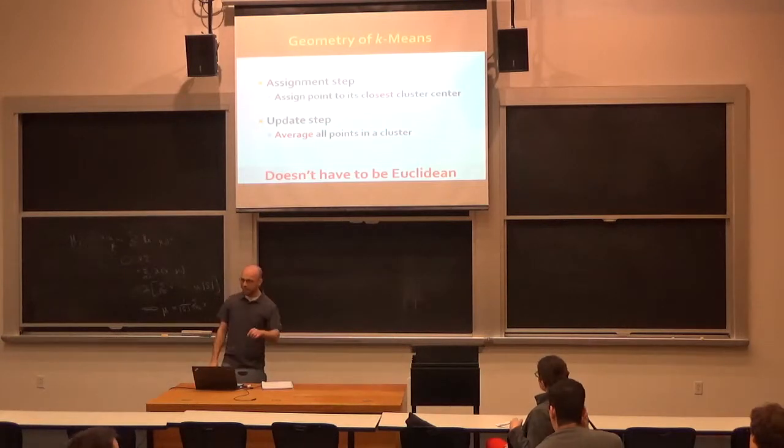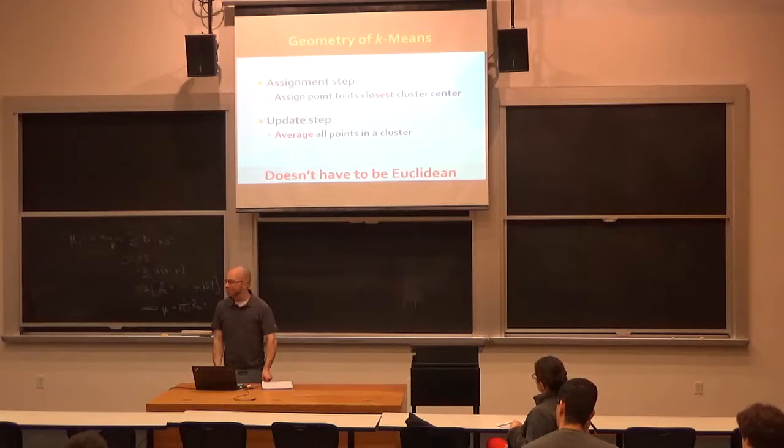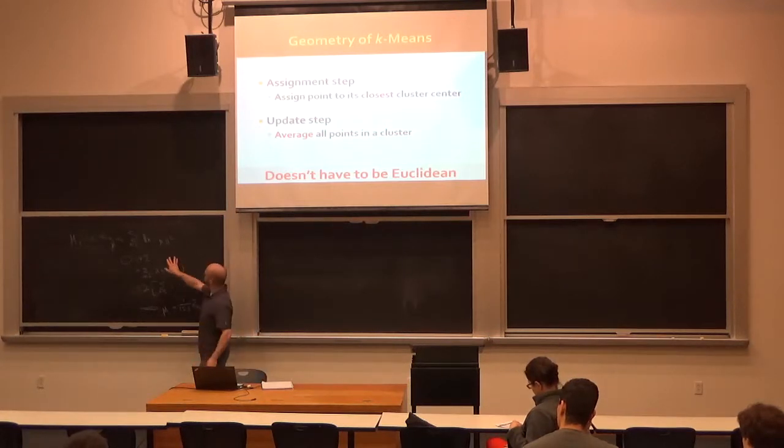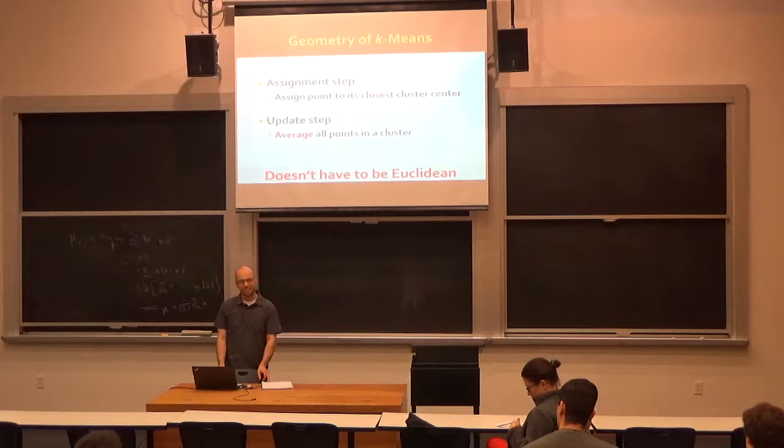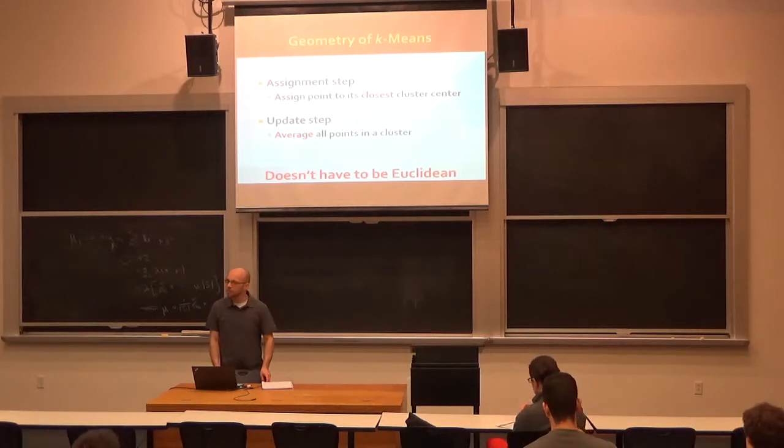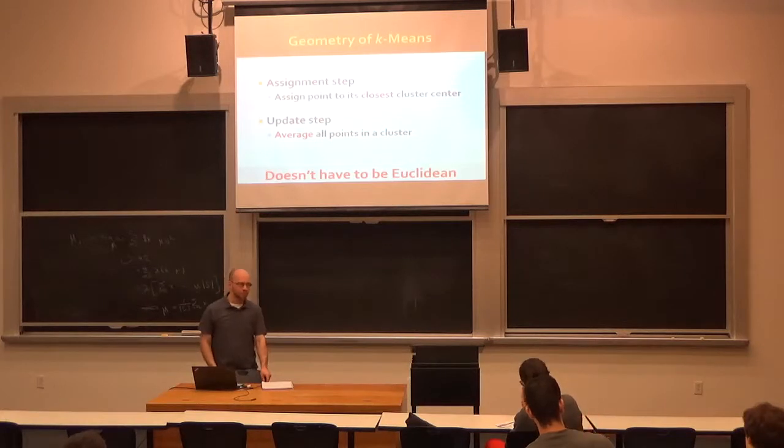But for different types of data, like maybe I have a bunch of points on a sphere that I want to cluster, one way I could do that would be to take this thing here, which is just a distance, and replace it with some other notion of distance. We talked a lot about geodesic distances in this class, and this is a great example where by understanding k-means the right way, you can get insight into problems that aren't just the vanilla version that we're used to hearing about.